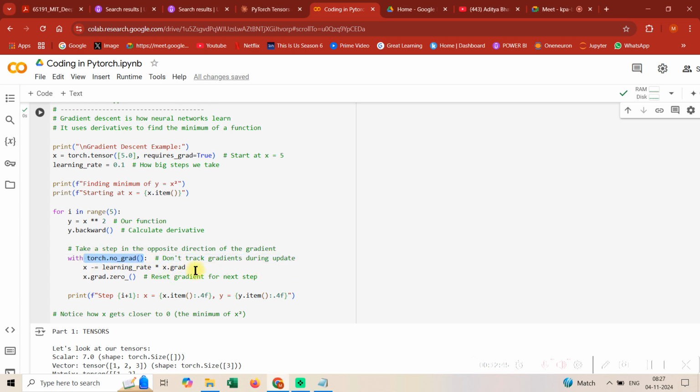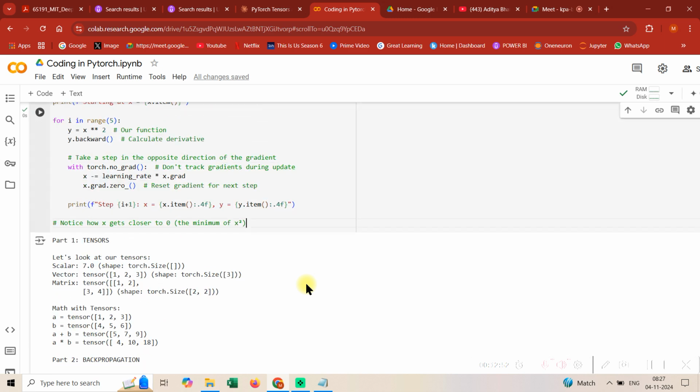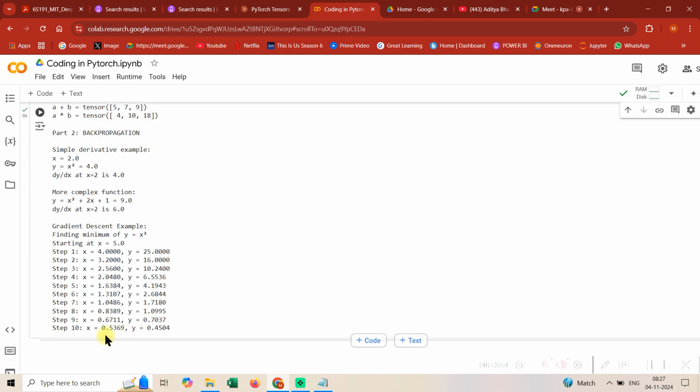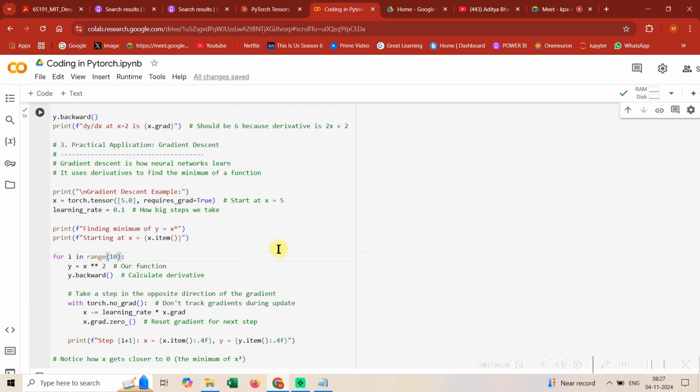This is also important. Then we apply the learning rate, then reset the gradient, and it keeps going on. If you ran it for more steps, it would probably converge to 0, because that's the main idea. Slowly you're able to see how x was at this value, and now it is slowly converging to 0.